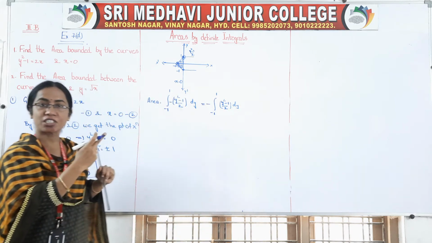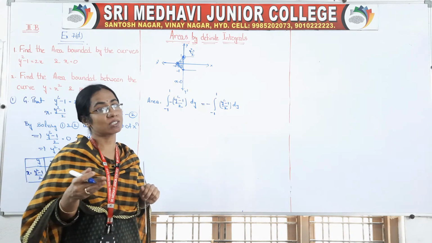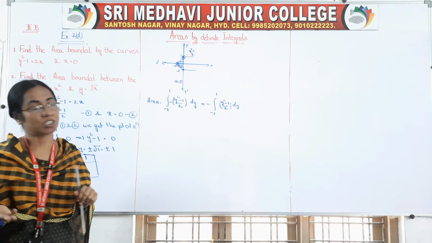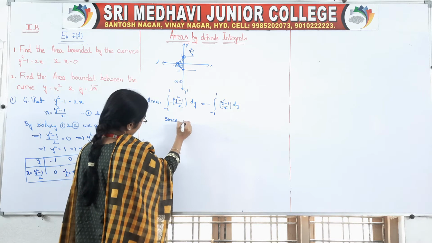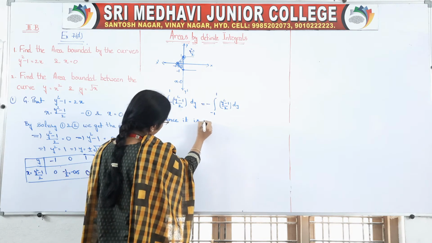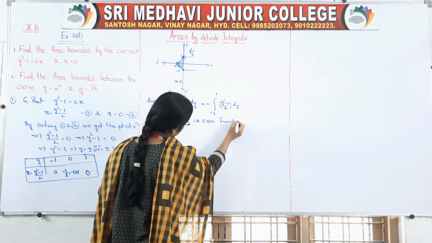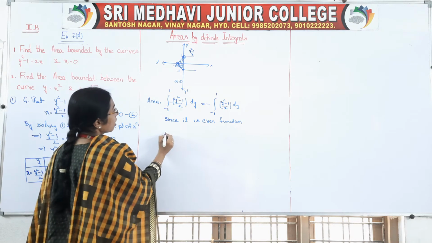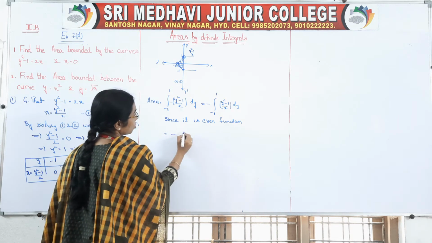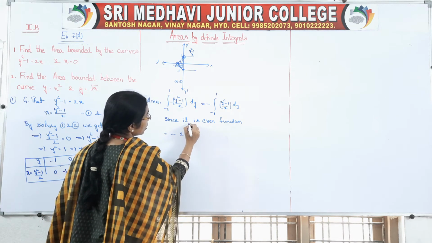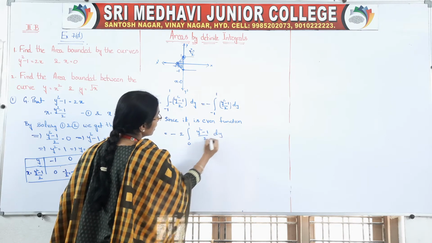It is an even function, since y square is there: if we put minus y in place of y, its square will be positive. Whenever it is an even function, the limits minus 1 to 1 become 2 times the integral from 0 to 1 of y square minus 1 by 2 into dy.